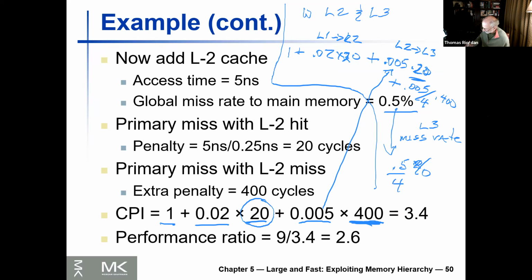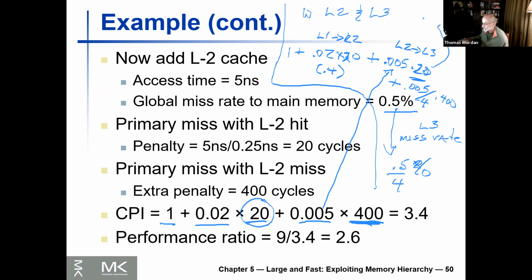So this number here, 0.02 times 20, is 0.4. And 0.005 times 20, this number here, is going to be what? 0.1. What is that number?